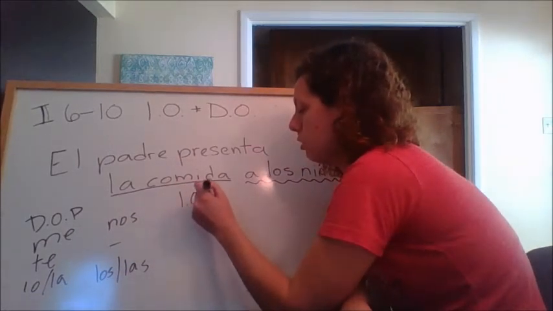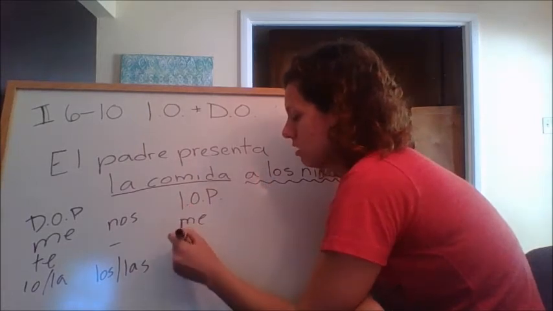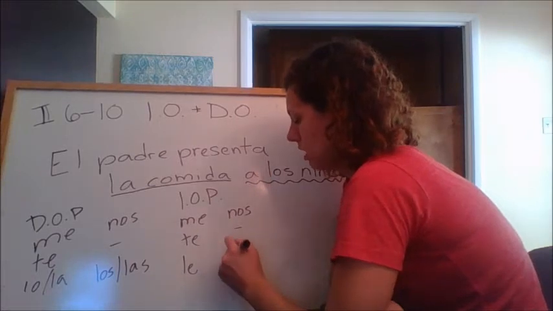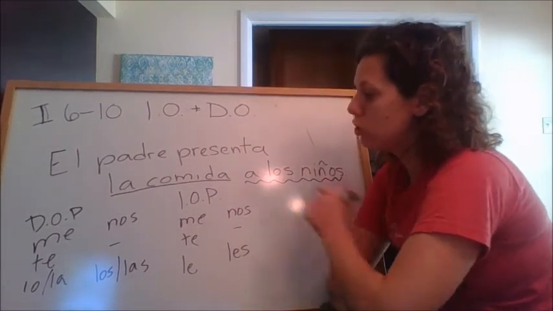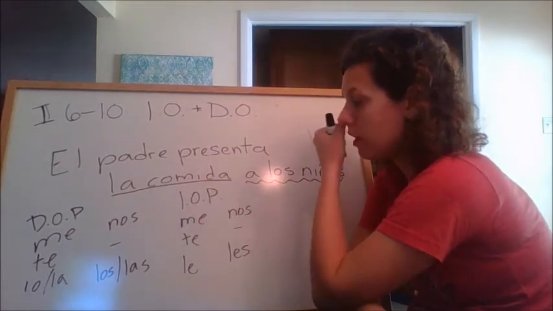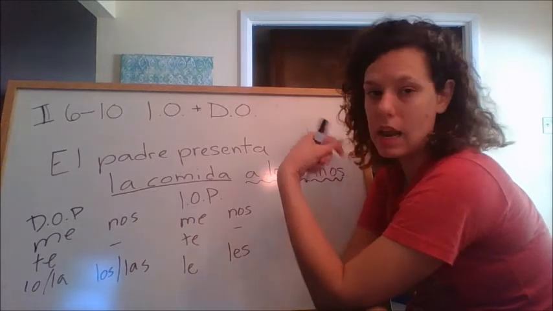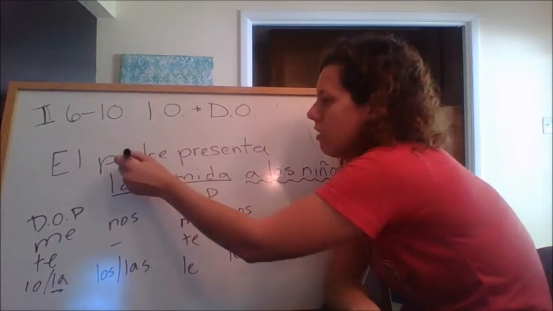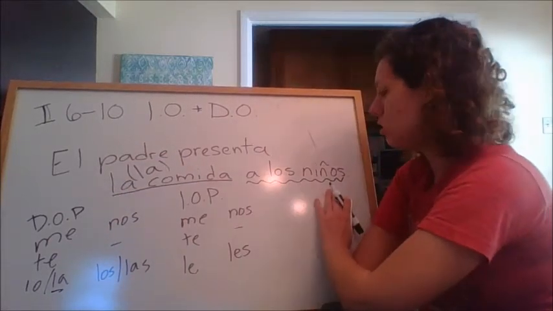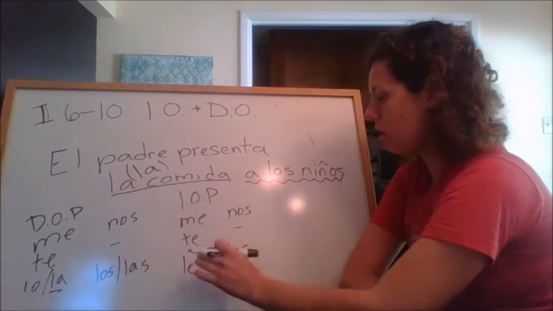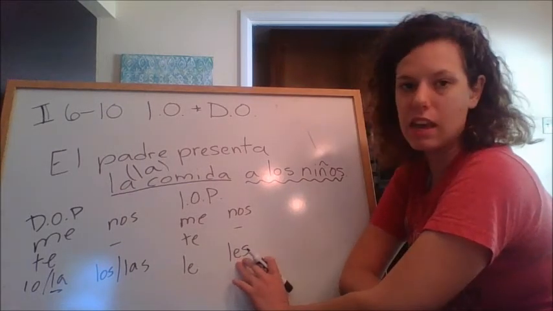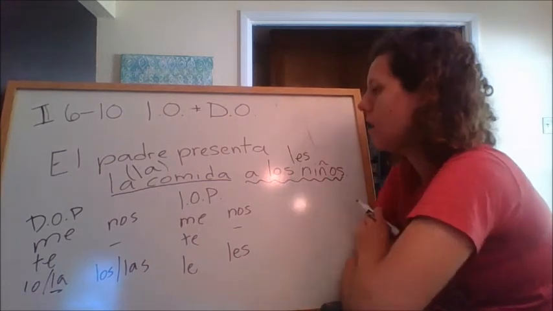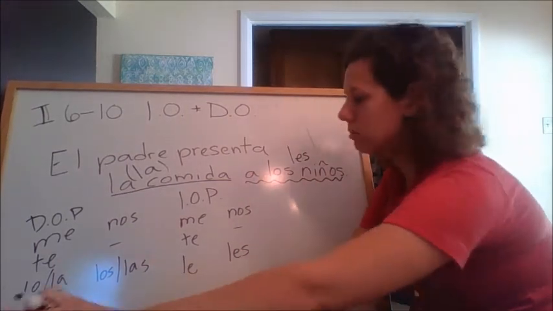The indirect object pronouns are me, te, le, nos, and les. Right? So to replace la comida, we have to pick the singular feminine, which is right down here. So this is going to be la. A los niños, indirect object pronoun, plural, and it's like saying they or them, so it's got to be les. All right. So now I've got my pronouns.